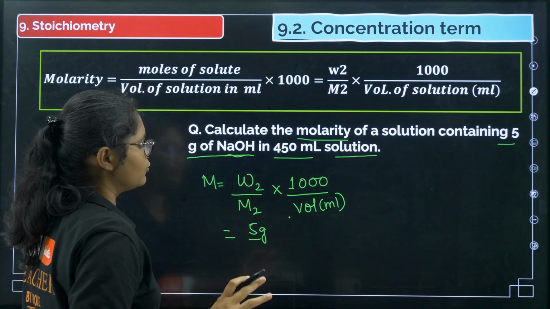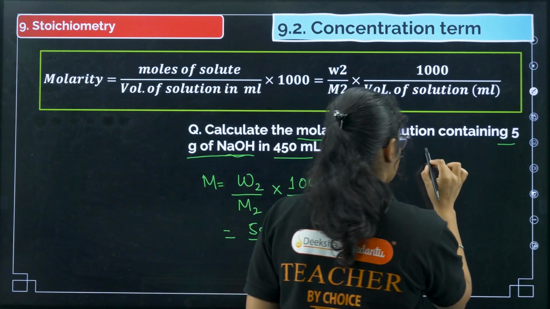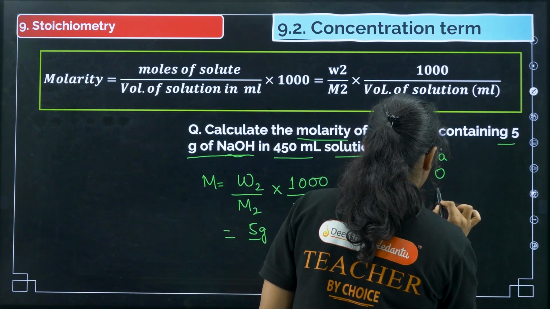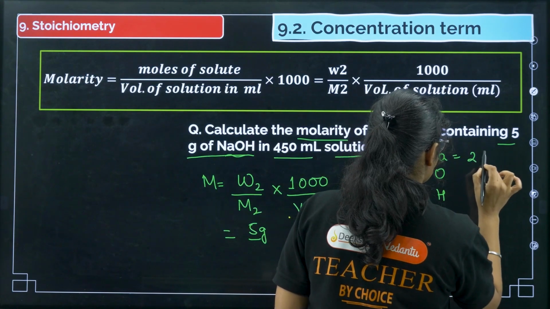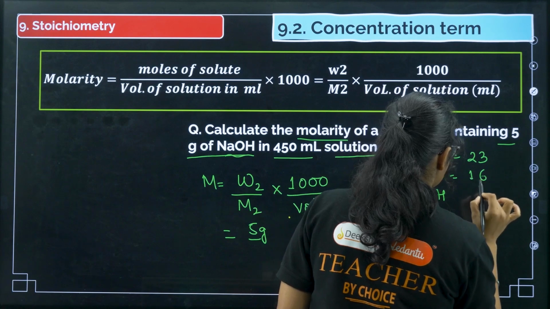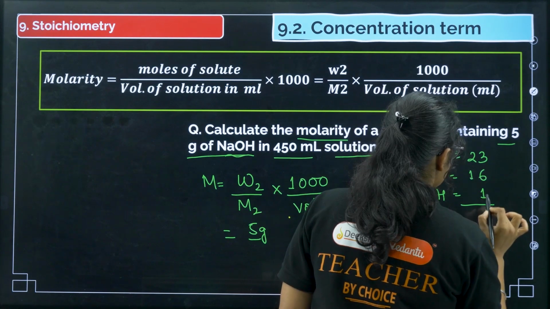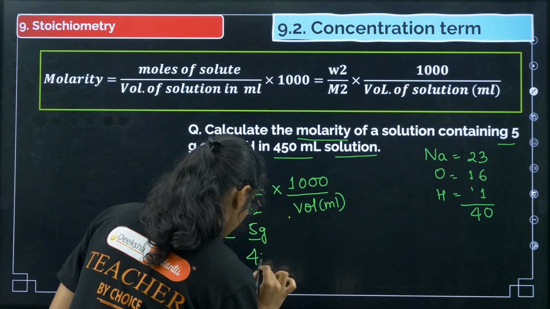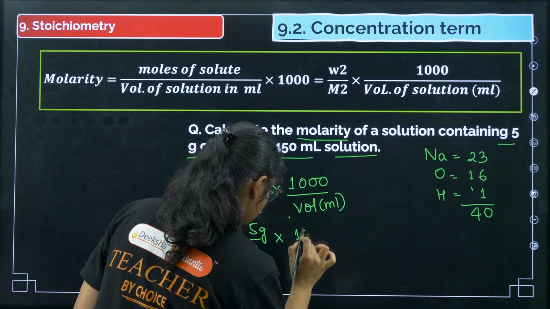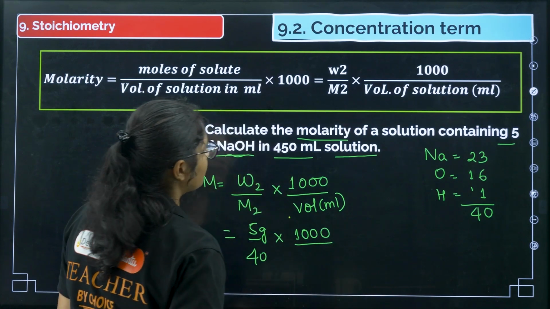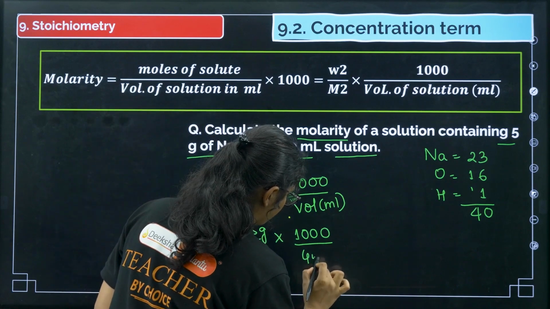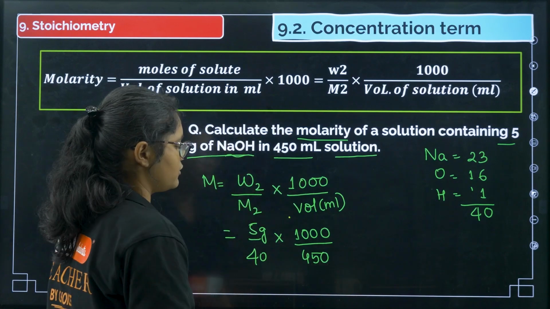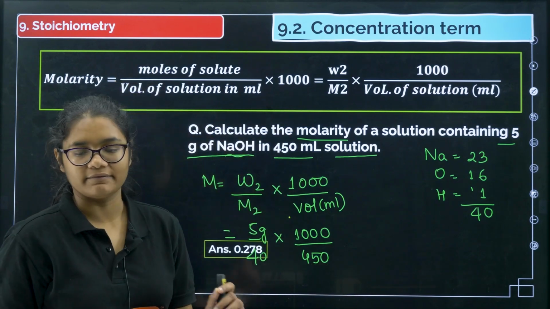Now let us calculate the molar mass of NaOH. I have Na, O and H: 23, 16, and 1, so I get 40 gram. So 5 by 40 into 1000 by volume, which is 450.